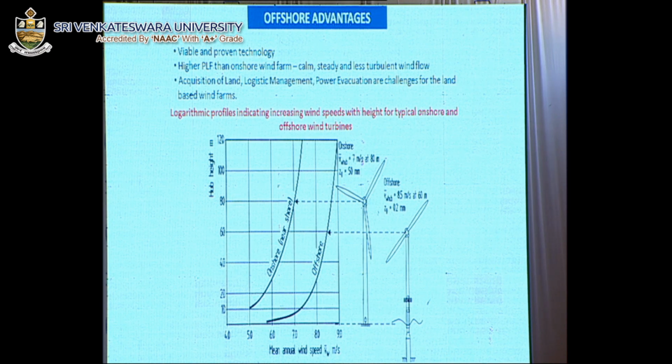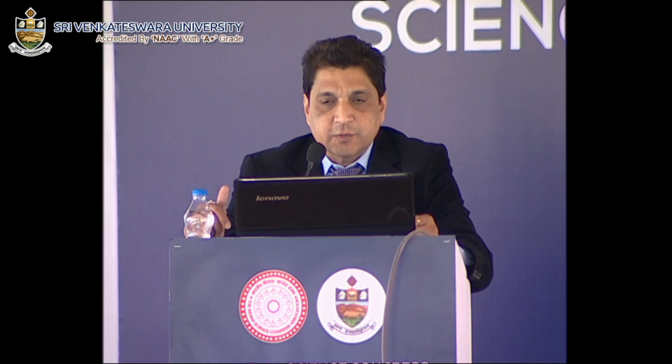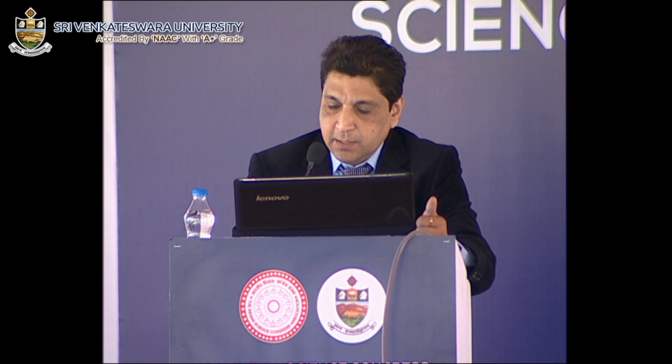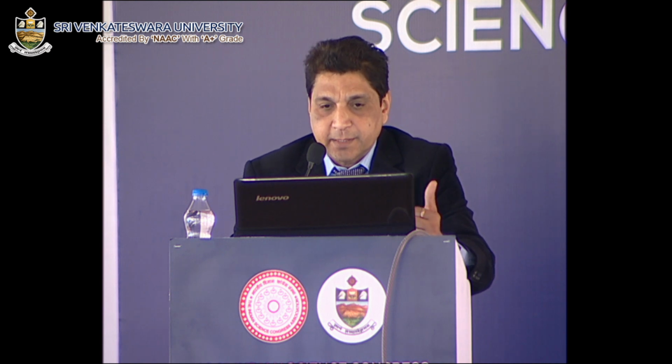But on the other hand, if you put up the same turbine of similar configuration deep into the sea, a little bit away from the coast, you can see that at a 60 meter level you can attain about 8.5 meters per second. So that makes the difference, that is why we get 20% extra power generation when compared to land-based wind turbines.